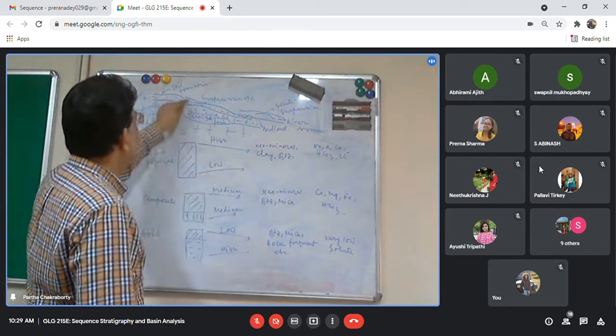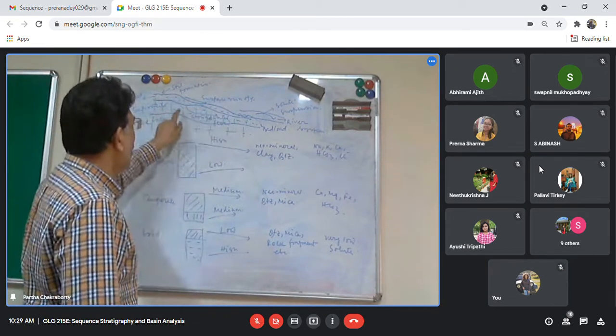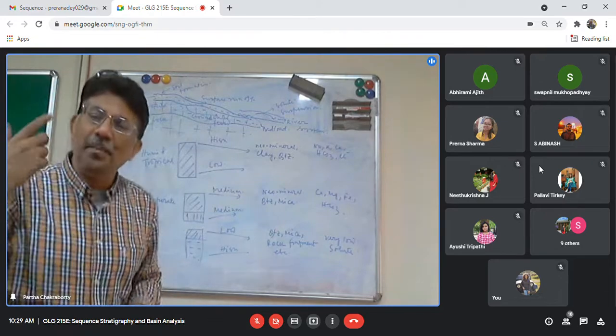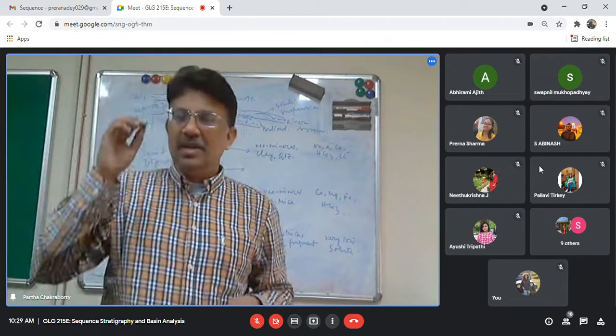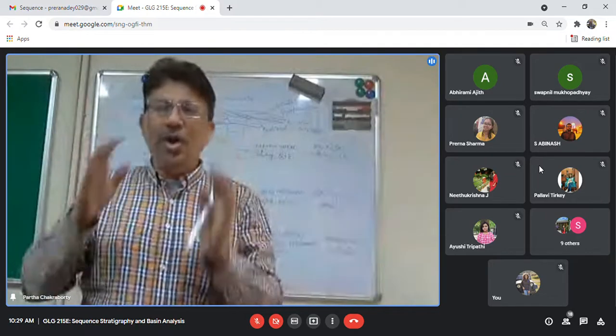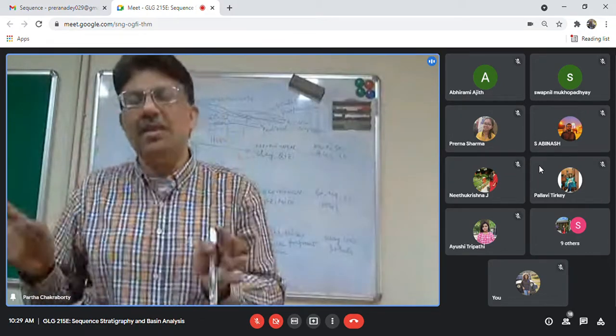All these move either by surface runoff or by groundwater flow or by different kinds of mass wasting processes related to glacial action and wind action. So all these are the processes of sediment transport.